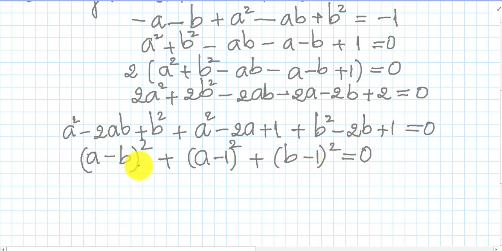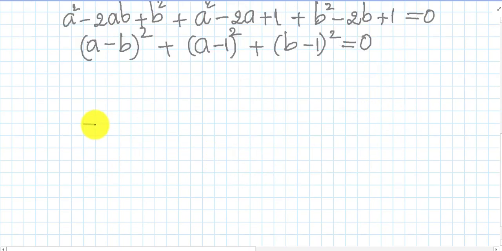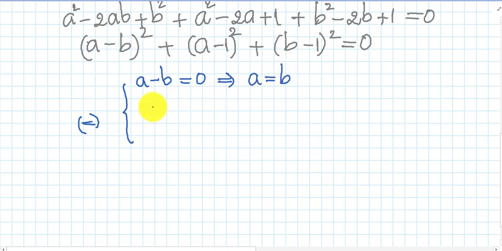The first part is a square, the second part is a square, and the third part is a square. So the sum of squares equal 0 must be the first part is 0, the second part is 0, the third part is 0. We can write a minus b equal 0, and then we get a equal b.